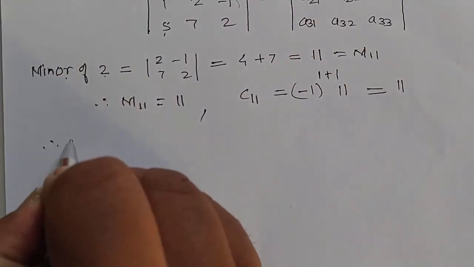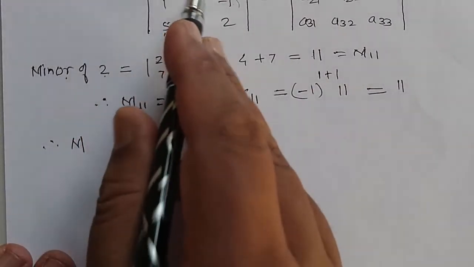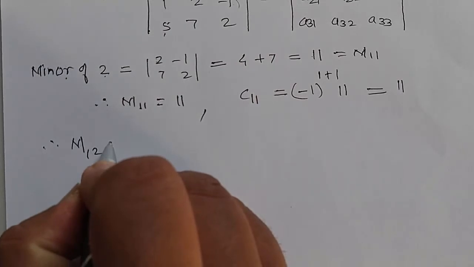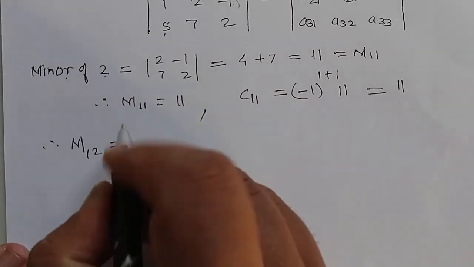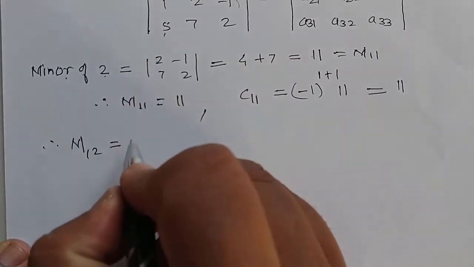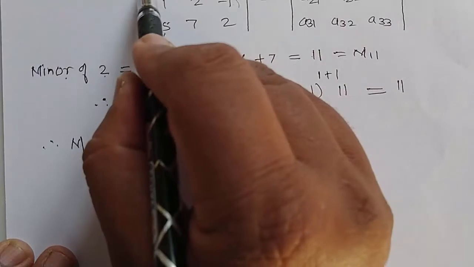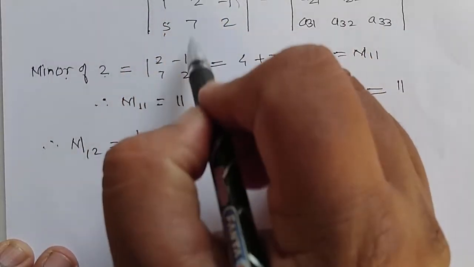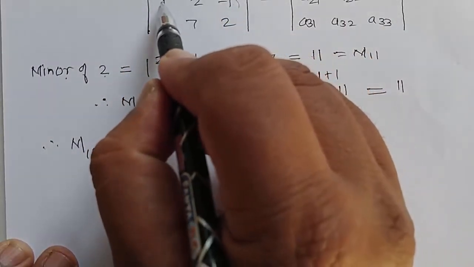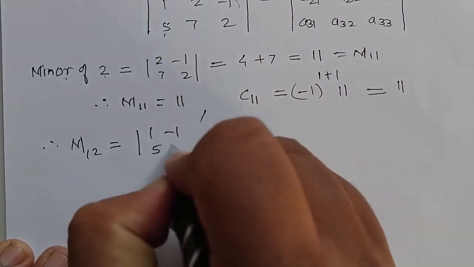Next, we take the second element, that is element 12, the minor of minus 1. Deleting first row second column, we get the determinant 1 minus 1, 5 2.